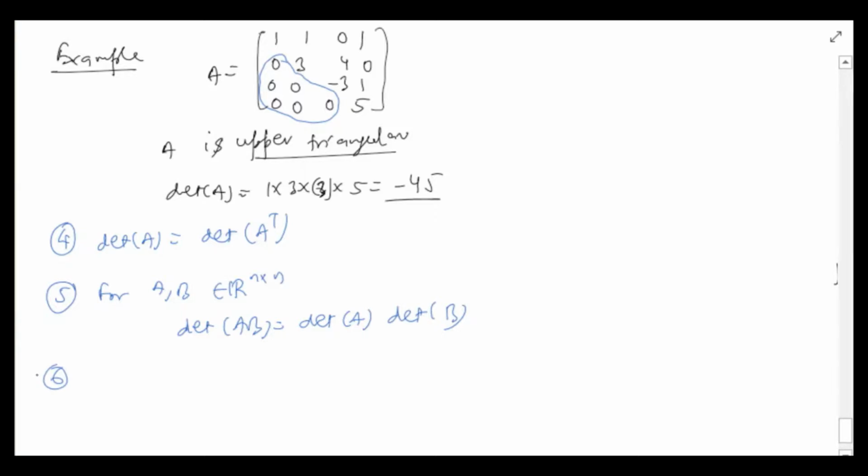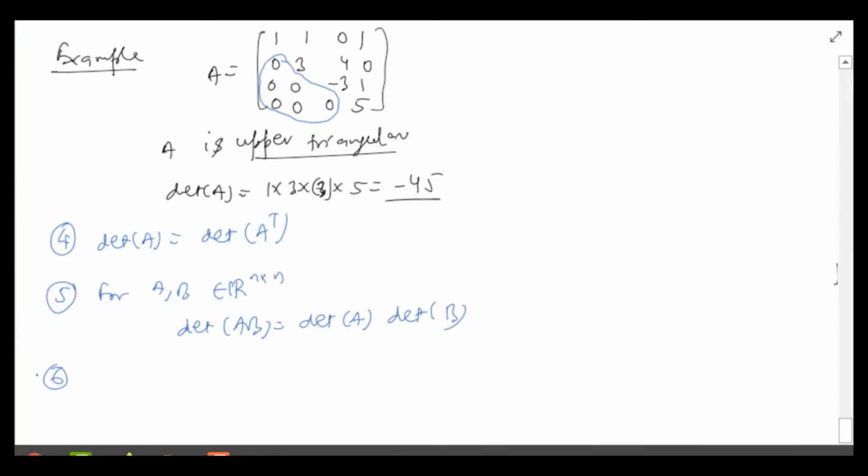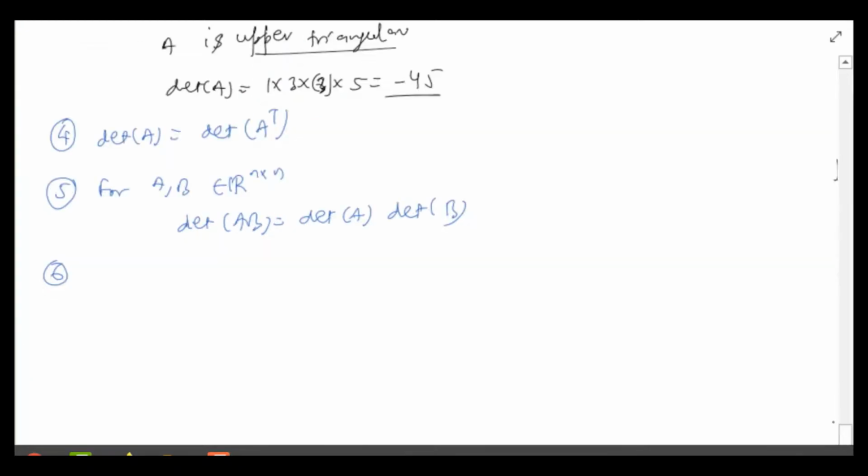Let's see the next property, but again before I state this property, I will give a couple of definitions. The first one is so-called similar matrices.